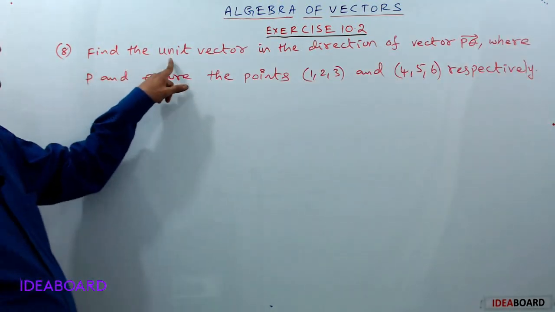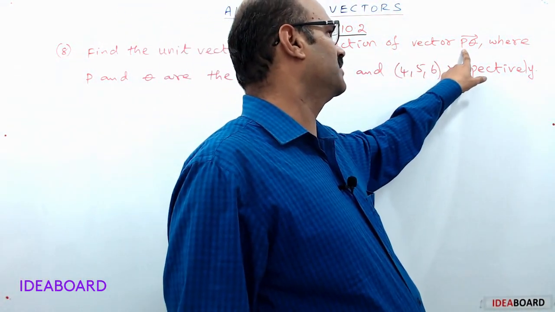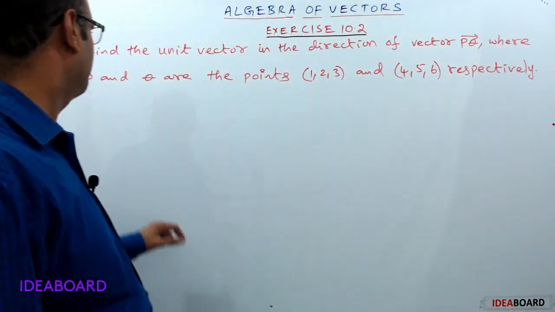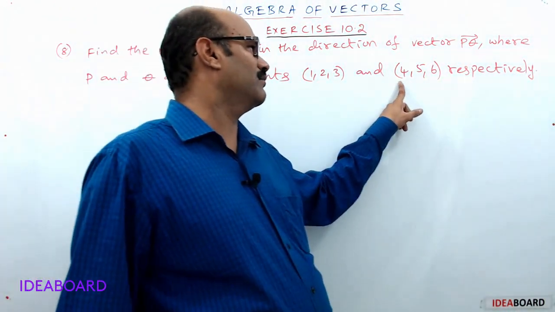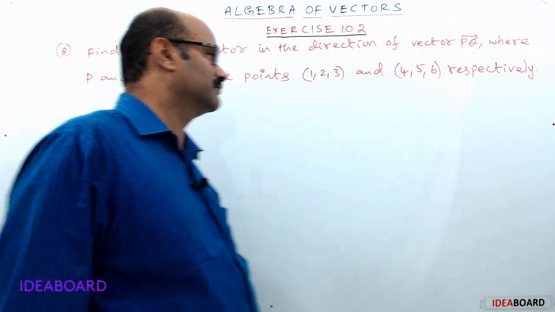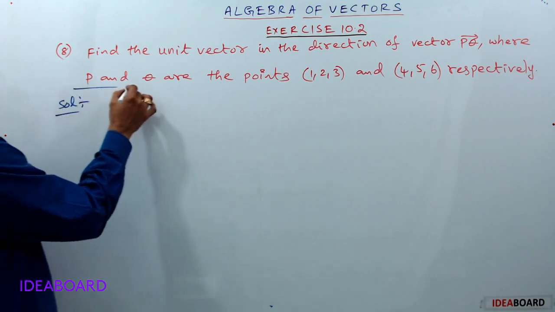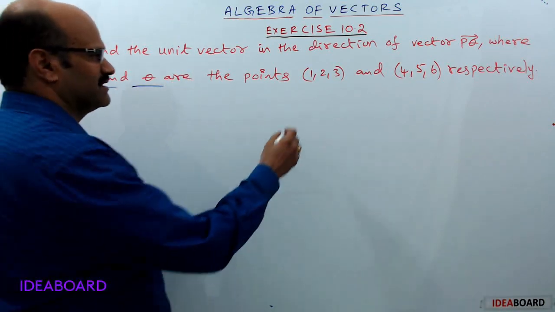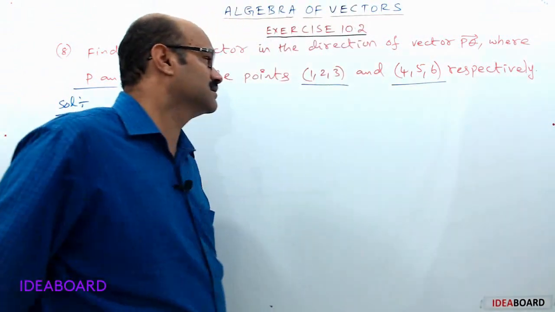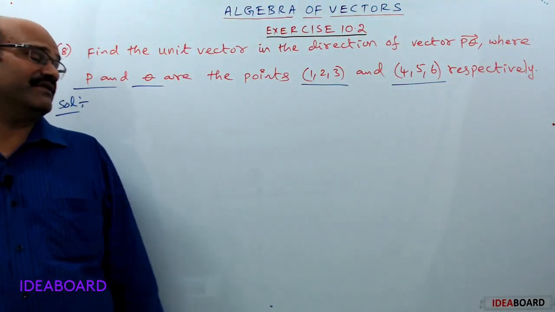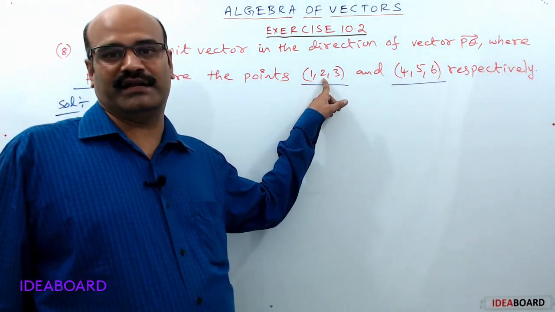Eighth problem. Find the unit vector in the direction of vector PQ bar, where P and Q are points (1, 2, 3) and (4, 5, 6) respectively. Here points P and Q are given. P is given by 1, 2, 3 and Q is given by 4, 5, 6. Whenever point P is given, we take the vector OP.